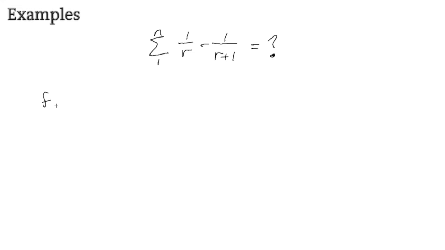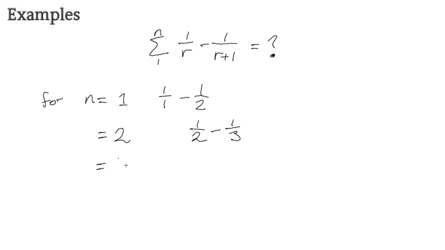So for n equals 1, we have 1 on 1 take 1 on 2. For n equals 2, we have 1 on 2 take 1 on 3.